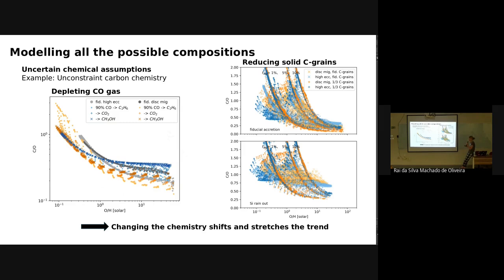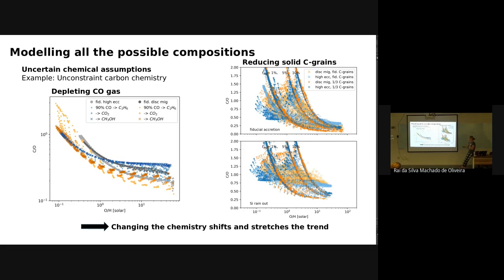If we do this, then we see that the lines wiggle up and down and aren't as clear, but it depends on the exact reaction. So it's not a huge change in the trend.